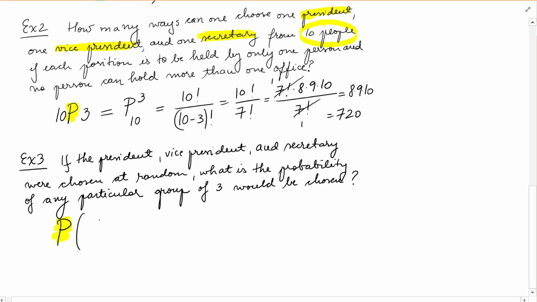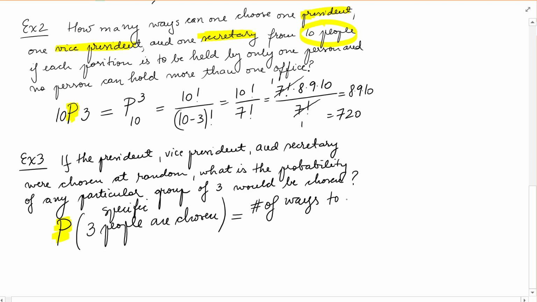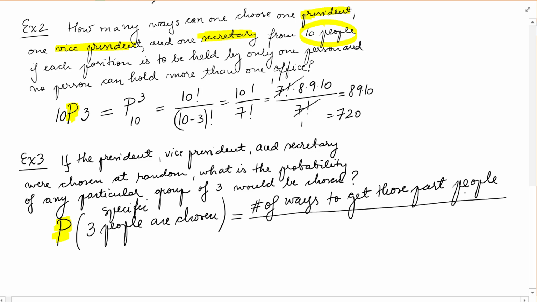So the probability that three specific people are chosen is given by the number of ways to get those particular people over the total number of possible outcomes.